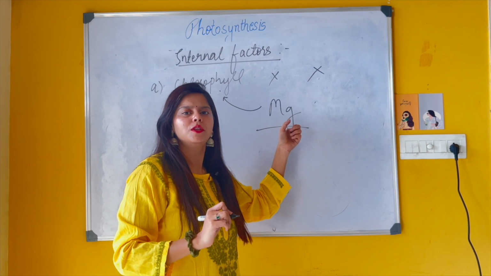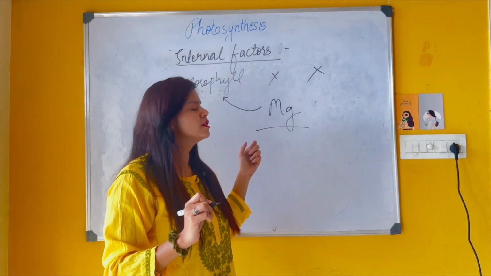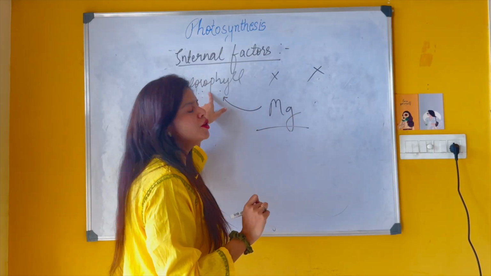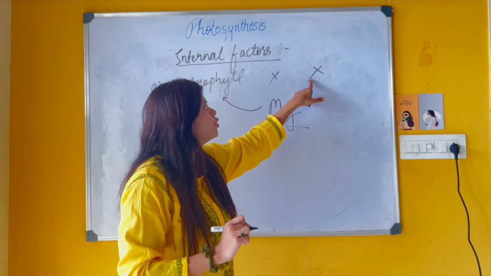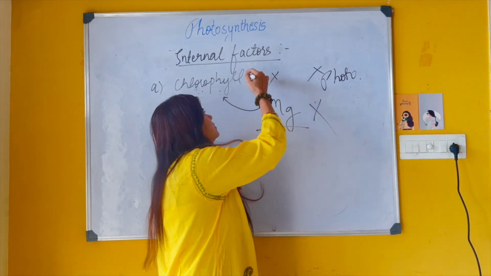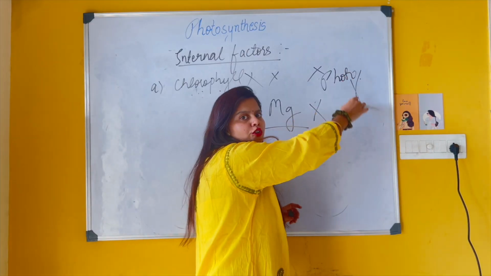Magnesium is important for the production of chlorophyll in plants. So if a plant is deficient in magnesium, it will not be able to produce chlorophyll. And without chlorophyll, what will not happen? Photosynthesis. So no magnesium, no chlorophyll, no photosynthesis.